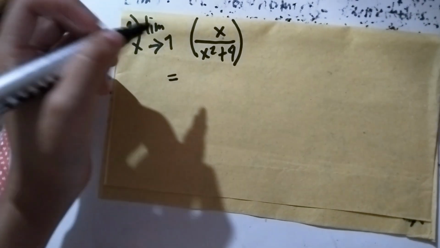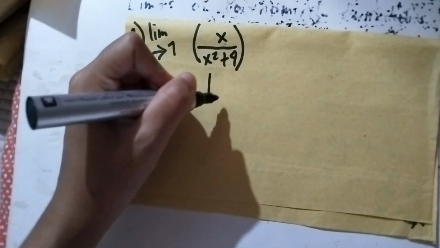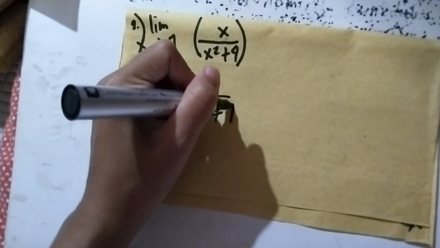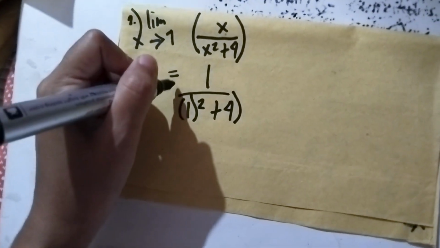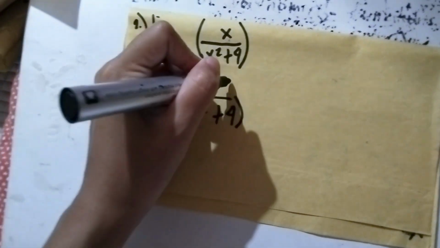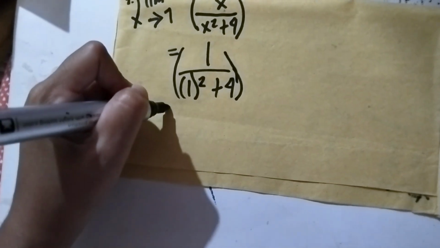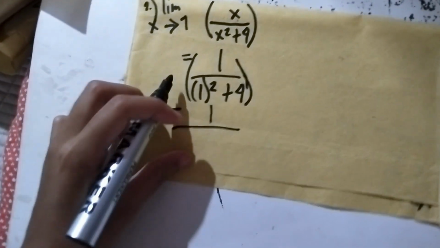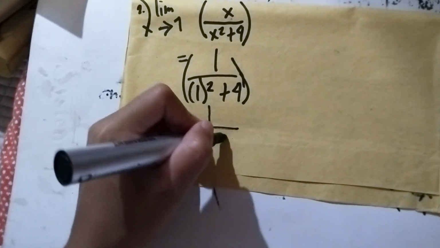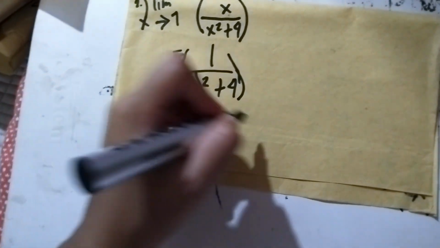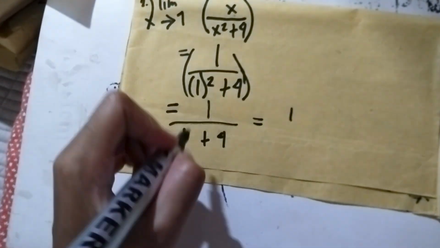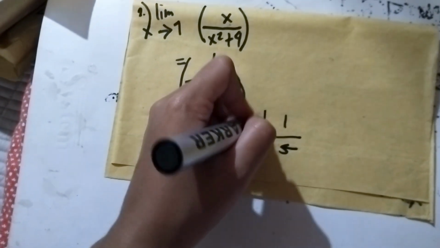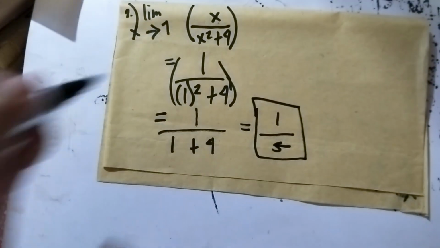So 1 over 1 squared plus 4 equals 1 over 1 plus 4. So copy the 1, and 1 plus 4 equals 5. So 1 over 5 is our final answer.